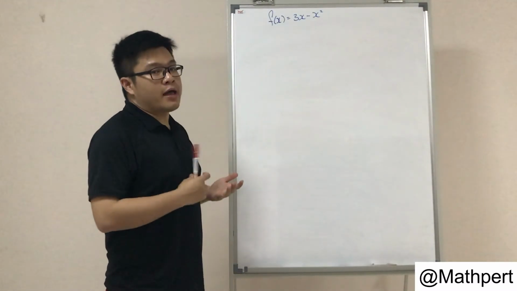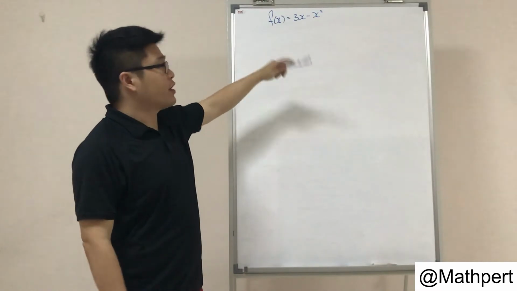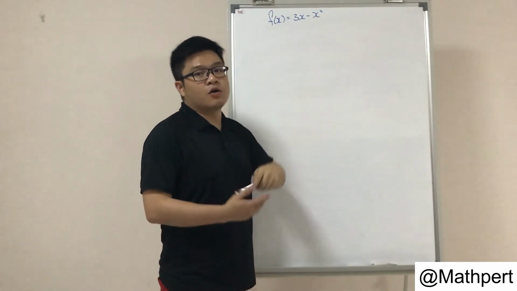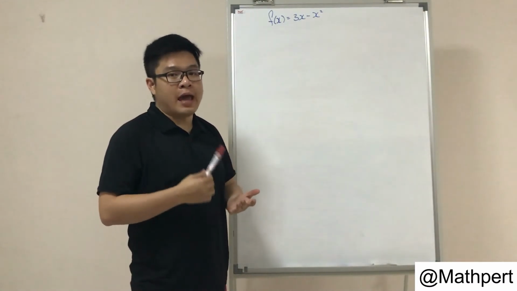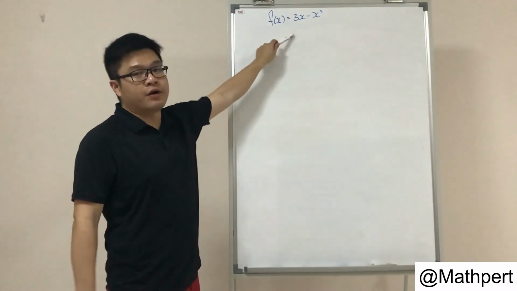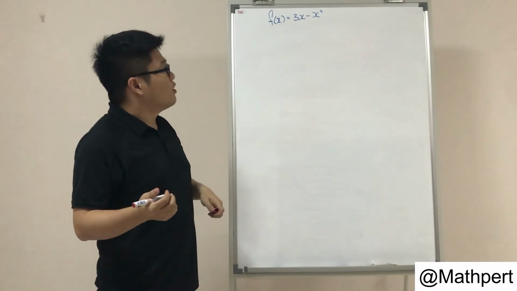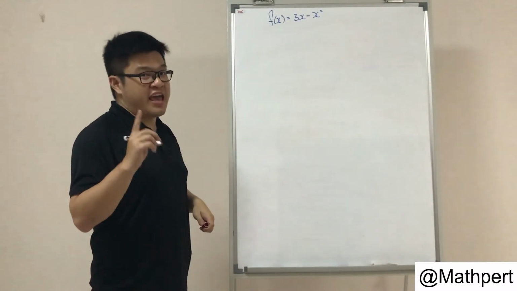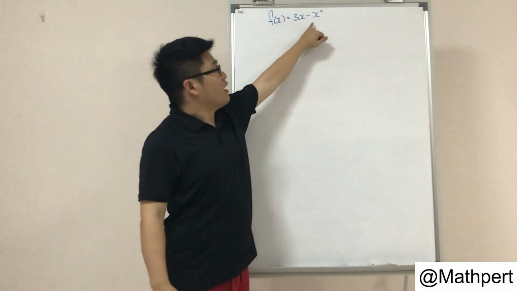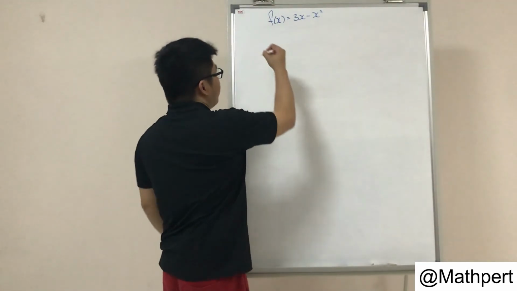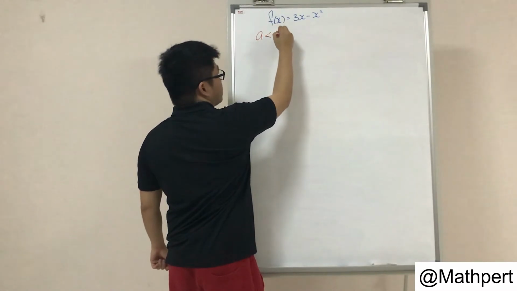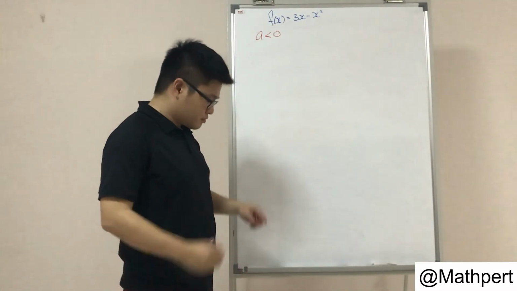Now let's take a look at another example. Given by the question, this is the quadratic equation, and we are asked to find the shape and the position of the graph. First we determine A. A here is -1, so A is smaller than 0.